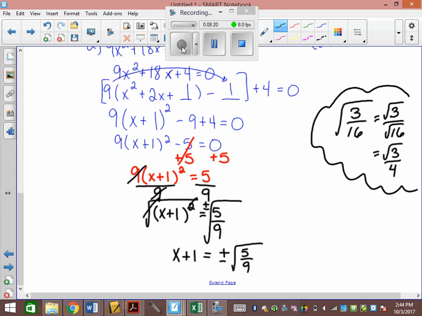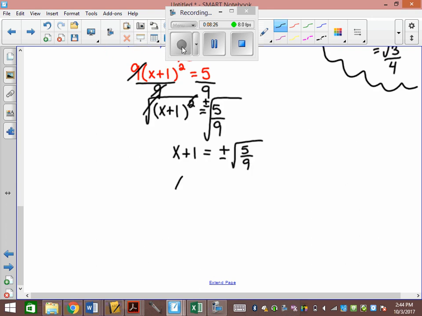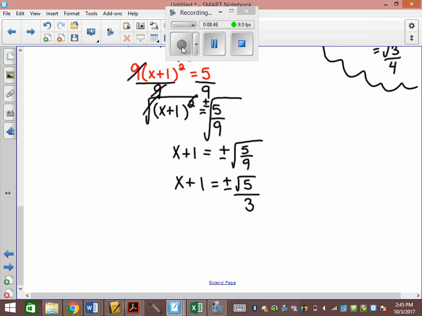So in our question, we have ± √(5/9). What could we write it as then? ± √5 over 3. Exactly, because the square root of 9 is 3, right? And then what can we do last? Subtract 1.